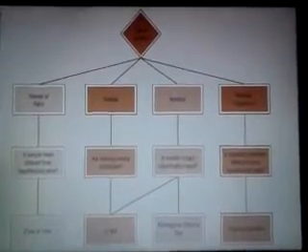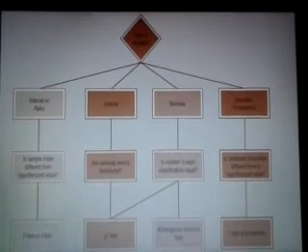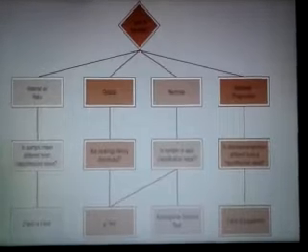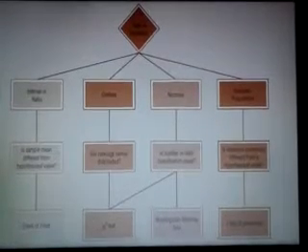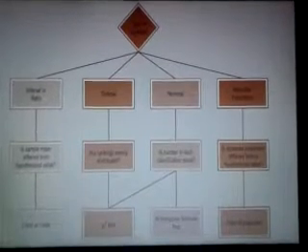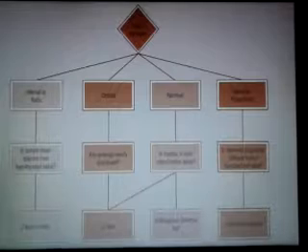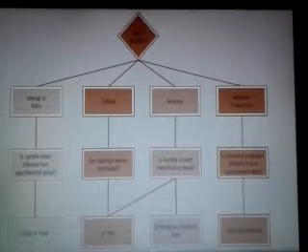Now, the type of variable. We have learned that there are 4 basic types of variables: nominal, ordinal, interval, and ratio. And the fourth one that is considered in this system is nominal proportional.